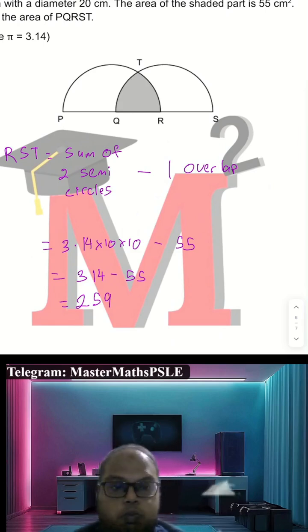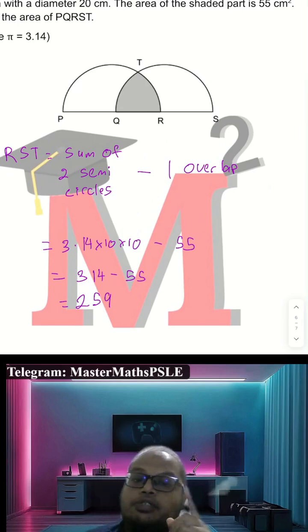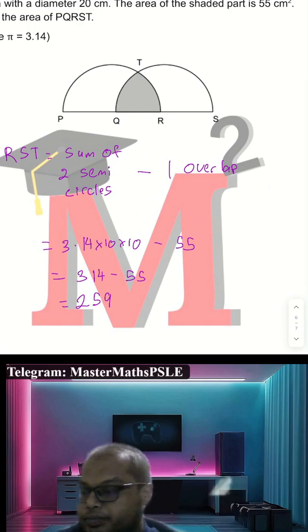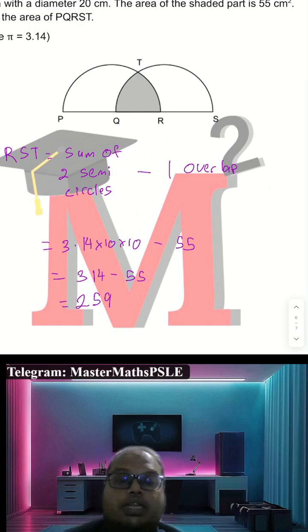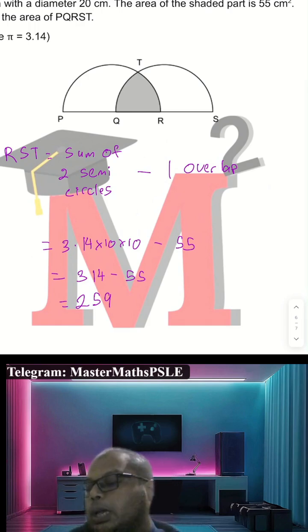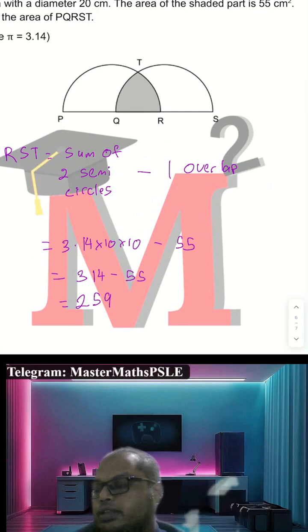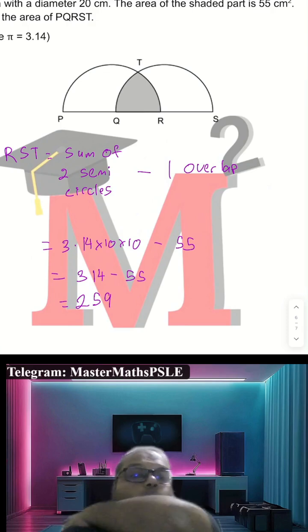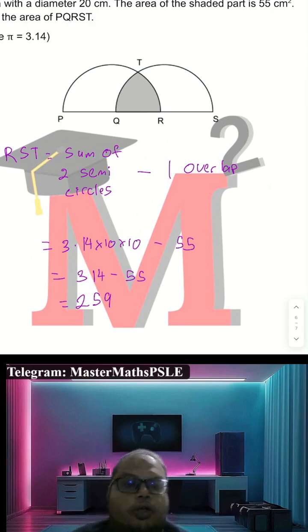So that's why pi times r times r. Why 10? Because the diameter is 20 cm, so the radius is 10 cm. Minus 1 overlap, minus 55. So 314 minus 55, 259 cm squared. Okay?